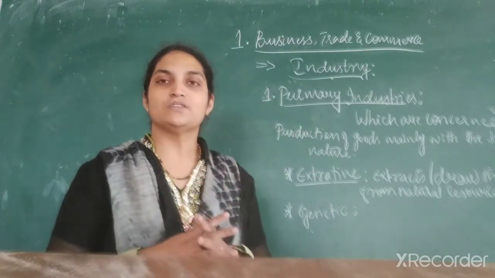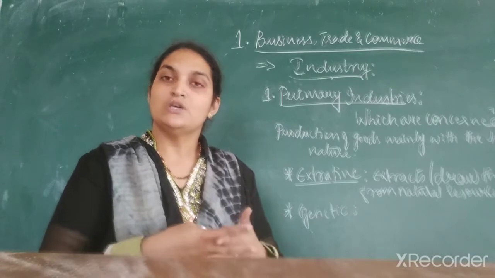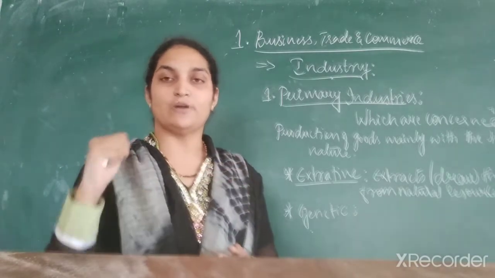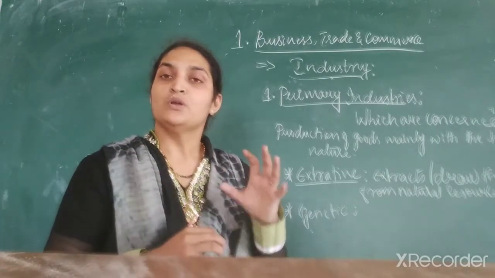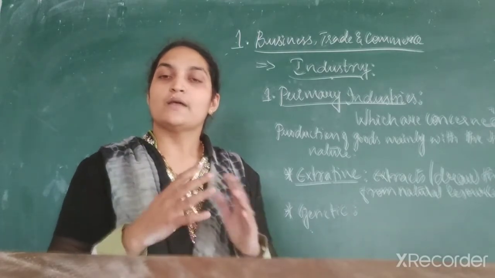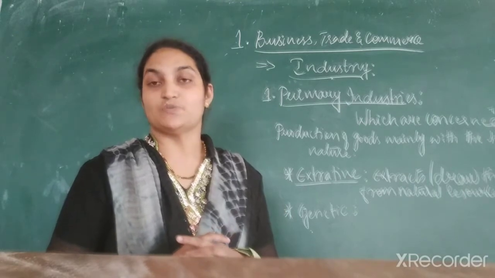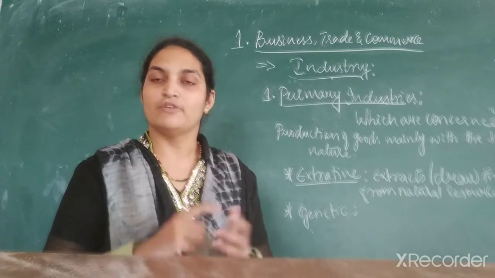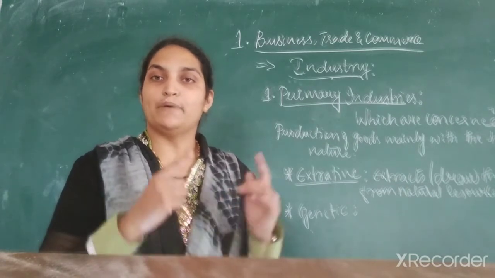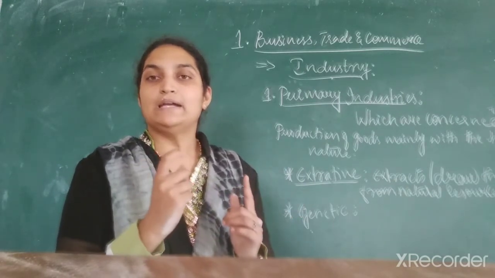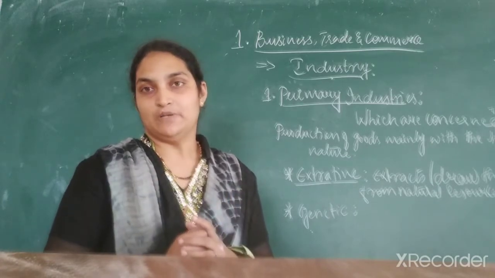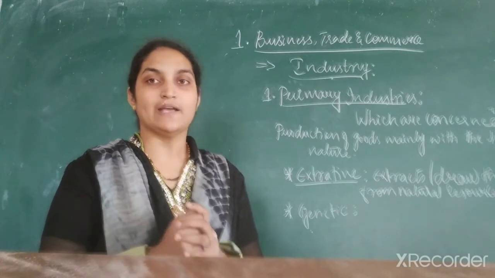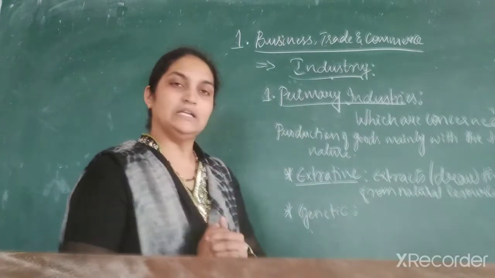So primary industries include all those activities concerned with extraction, taking from the earth, extraction of goods or production of natural resources, and reproducing and development of plants. That is, plant multiplication and animal multiplication, reproducing of plants and animals, etc. is called primary industries.